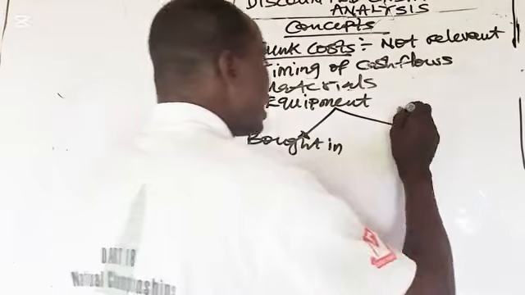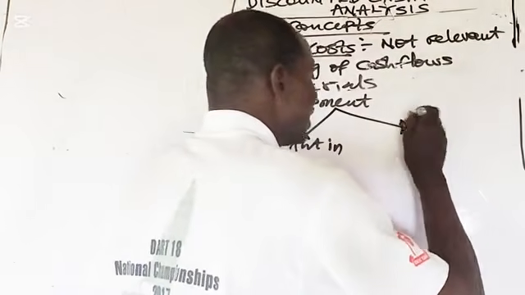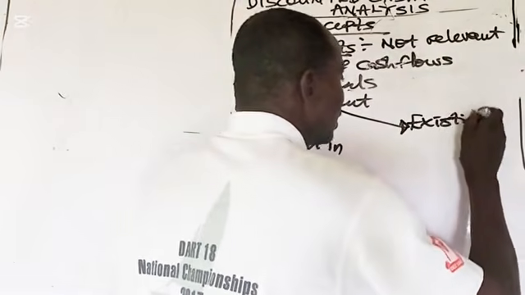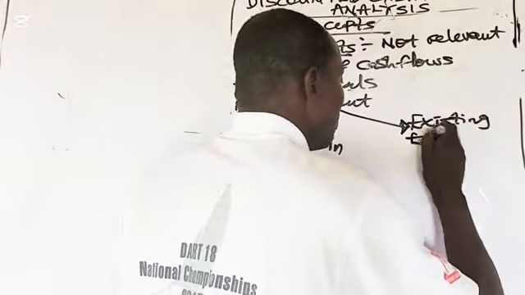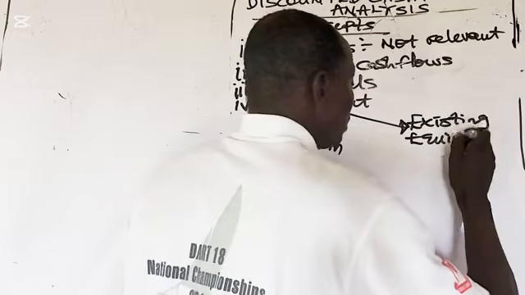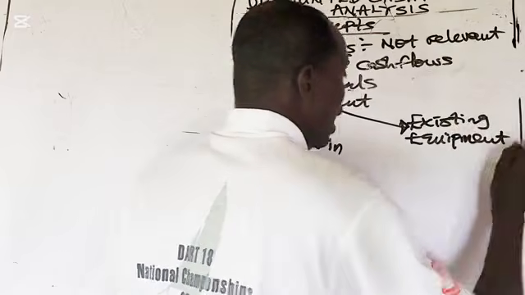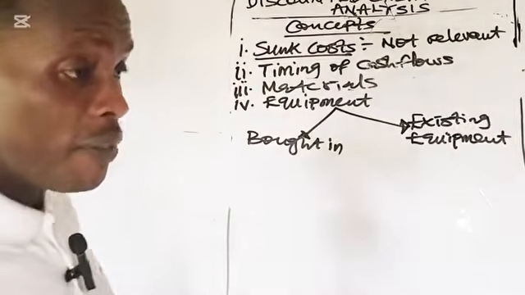But the second class of equipment I will examine is existing equipment, the equipment the entity already had. So they are not just acquiring them. They have them before.